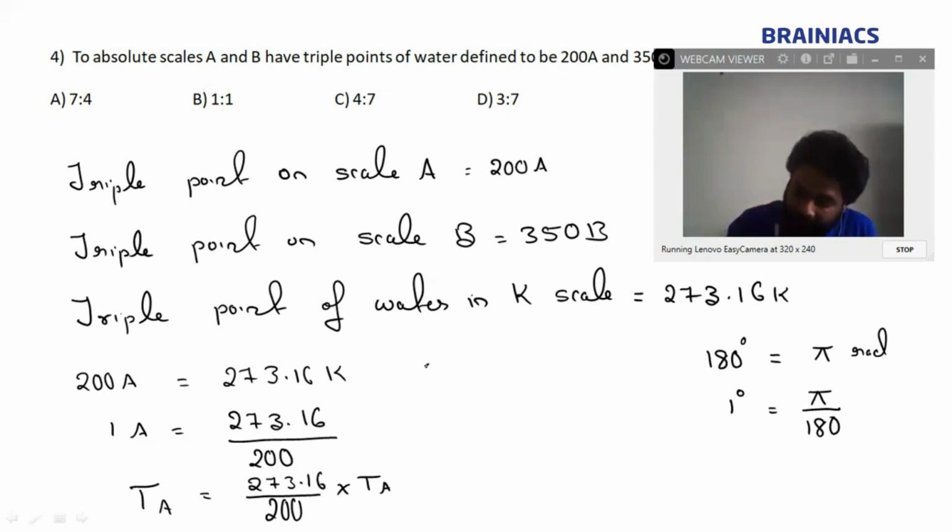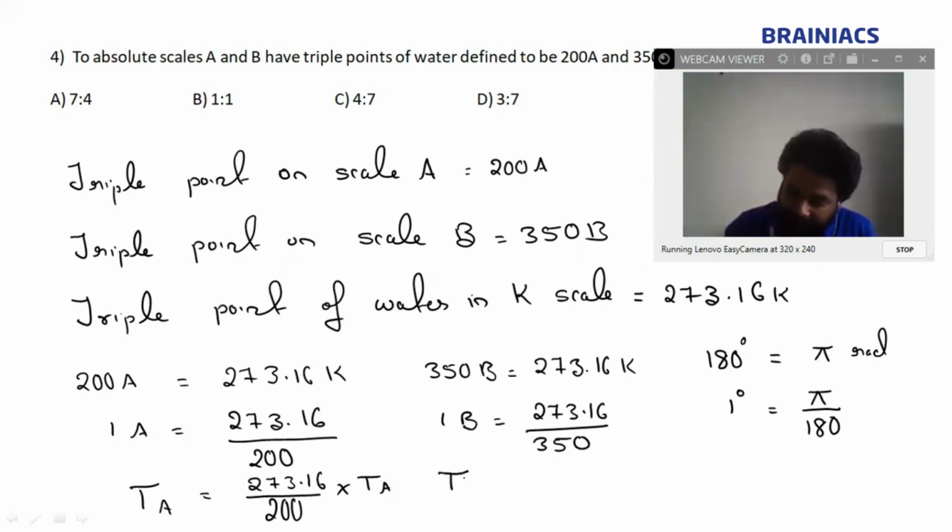Same way we can write 350B is equal to 273.16 Kelvin. So 1B is equal to 273.16 divided by 350. So TB is equal to 273.16 divided by 350 into TB.